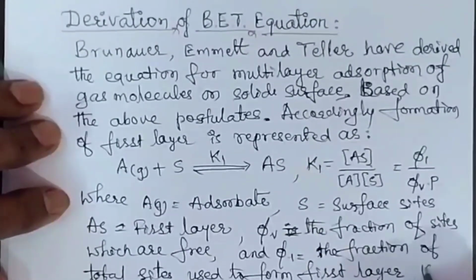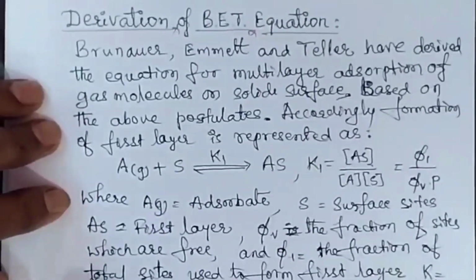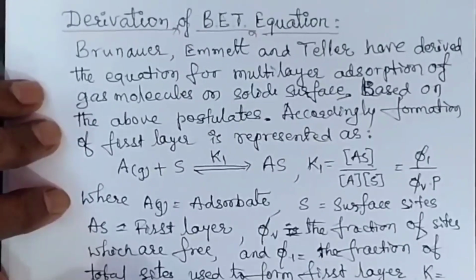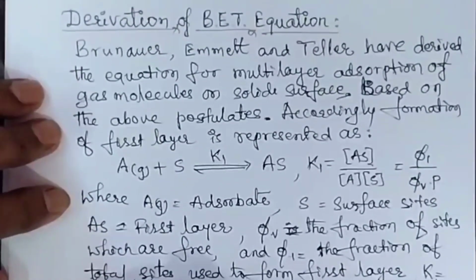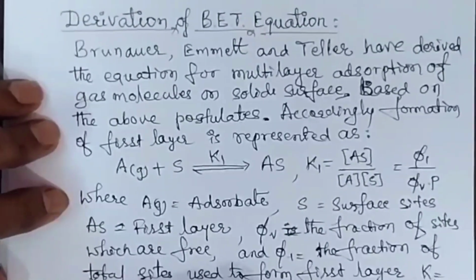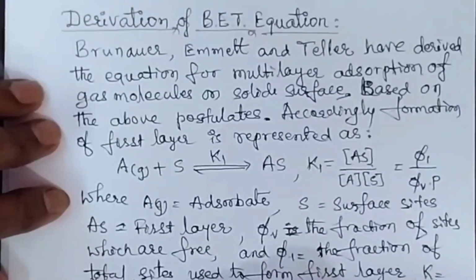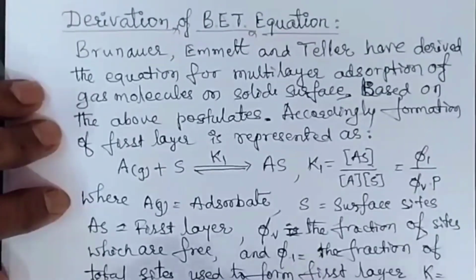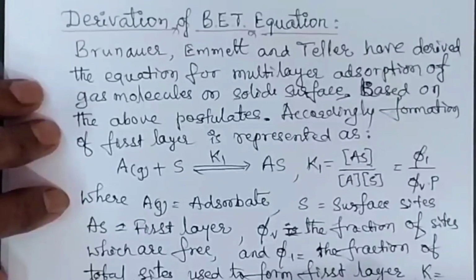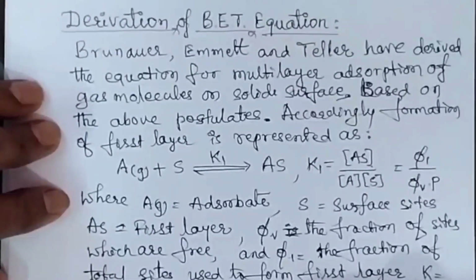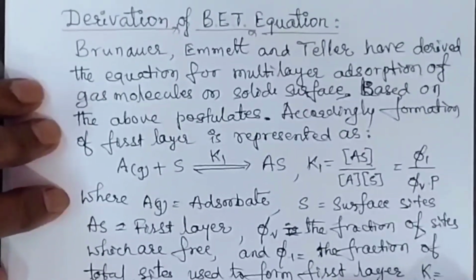K1 is equilibrium constant, and concentration A is expressed as pressure P.